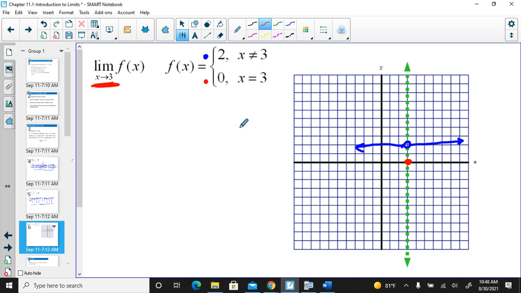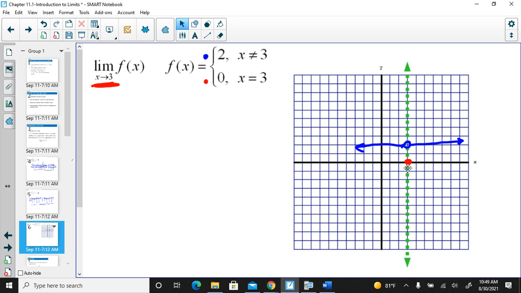So if I were to put my finger on this piece of the line to the left of where I'm approaching, as my x coordinate gets closer and closer to 3, but I never actually get there, what is my y value? 2. And as I approach from the right-hand side, as my x value gets closer and closer to 3, what is my y value? 2.